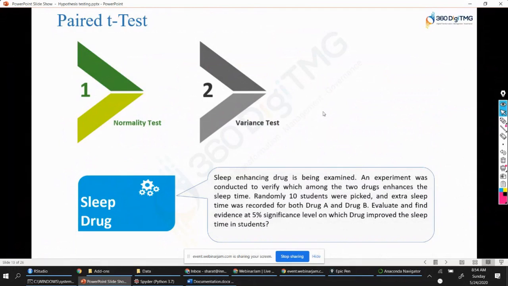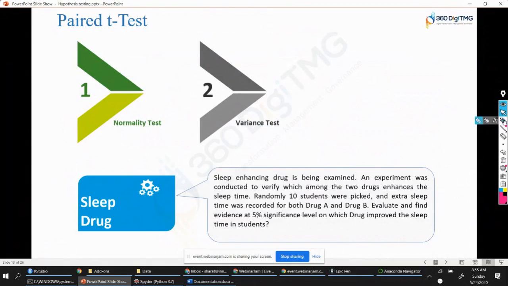So my business problem is to identify which drug is better. You can basically talk about the same thing with respect to your COVID-19 case. So multiple medicines are tested. Which medicine is better is what we need to understand.